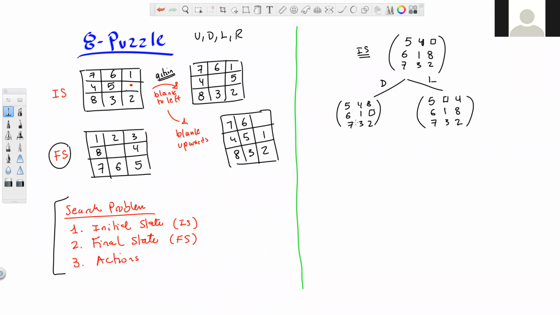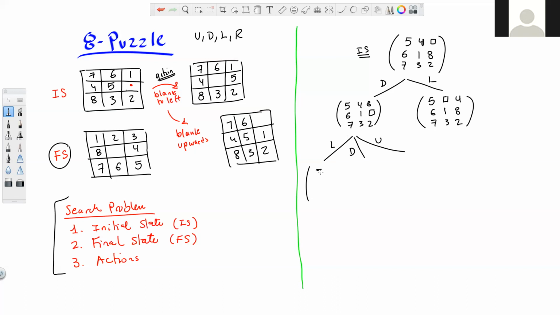Suppose I'm here. And in this case, how many possible actions do I have? Give me a number, right? We're talking about moving the blank. How many possible ways can I move the blank in this case? Okay, and people are saying 3. Okay, let's do that. Now look what happens here. And now an important concept will come up. So if you move it left, or you can move it down, or you can move it up.